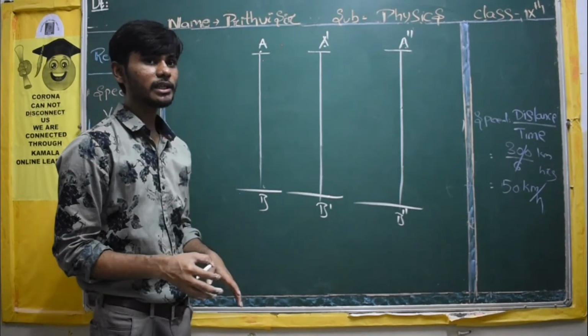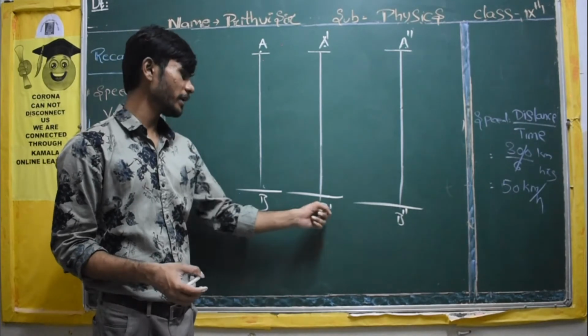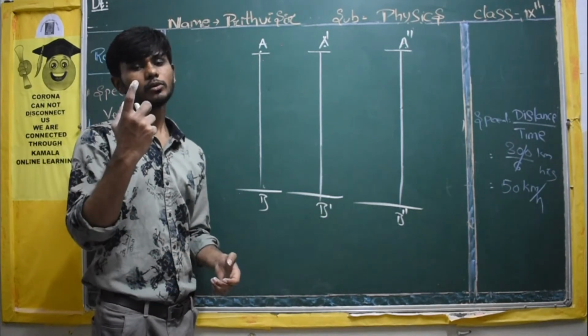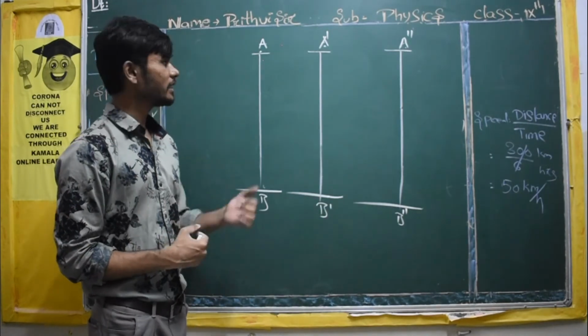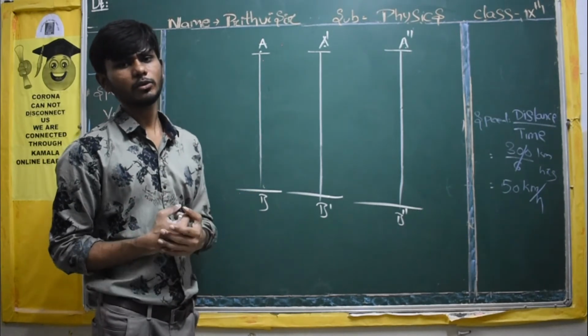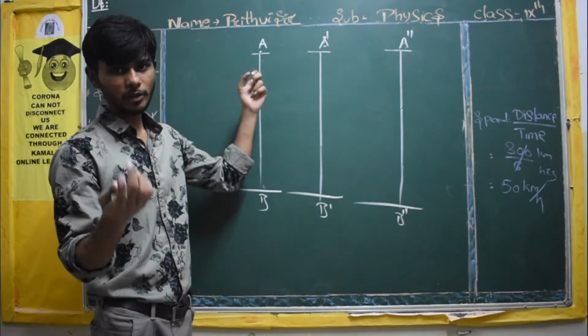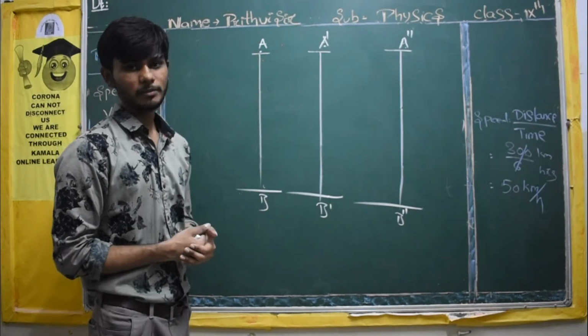What is the work of B, B dash and B double dash? They need to hold a stopwatch, so that the moment the boy reaches, we count his timing, how much time it took to reach from point A to point B.